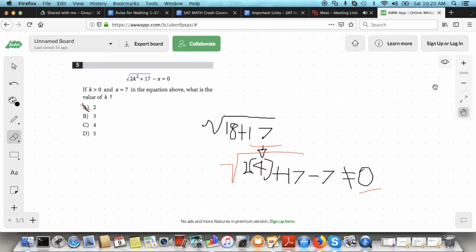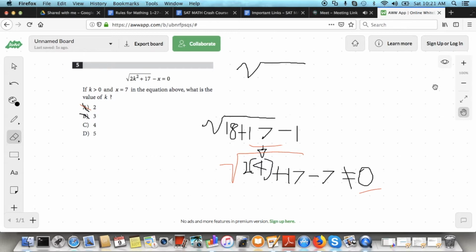And what does that give us? That gives us 35. But regardless, it's not 49, so we can already cross that off. B is gone. So then let's try 4 for k. Any questions, guys, about what he's doing here? We're good? Okay.